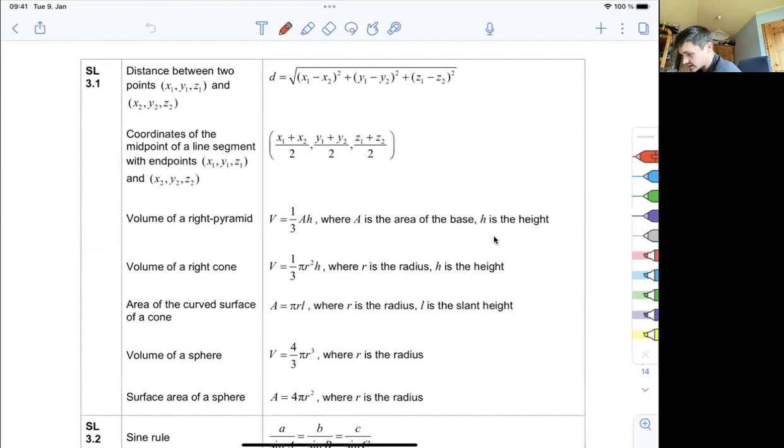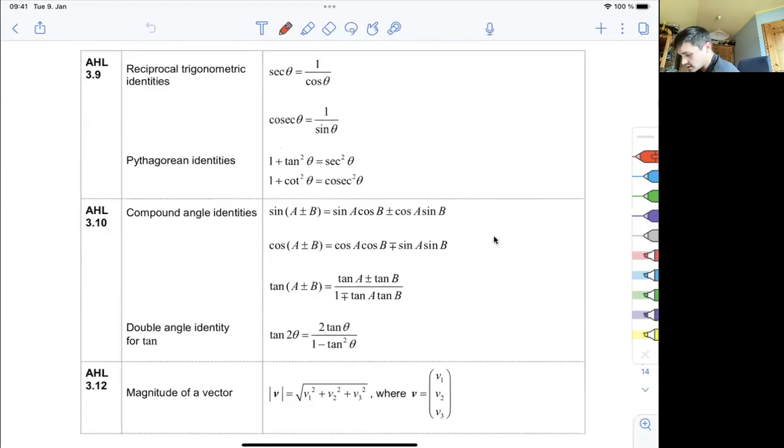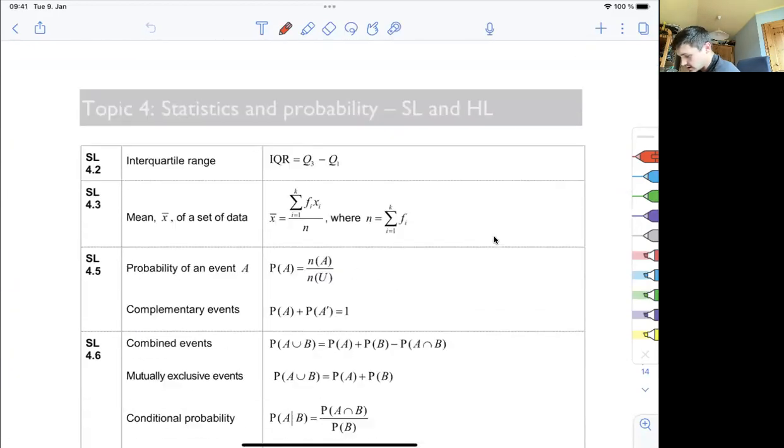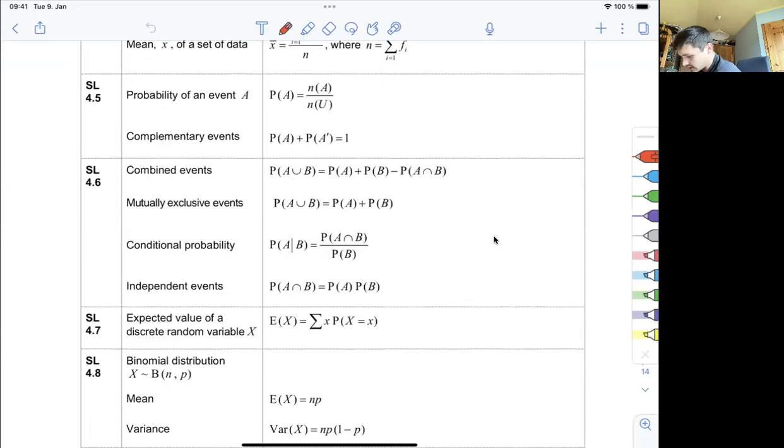Down here we have the expected value of a discrete random variable. In fact, we'll include the little SL bit so you can see whereabouts in your formula booklet it is.